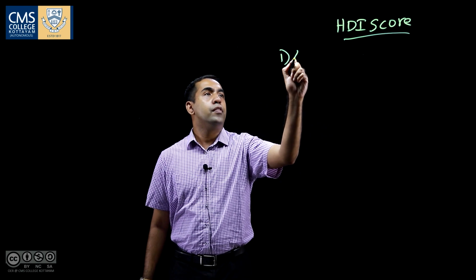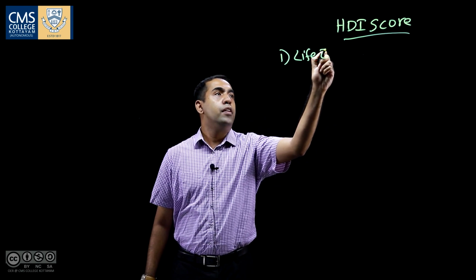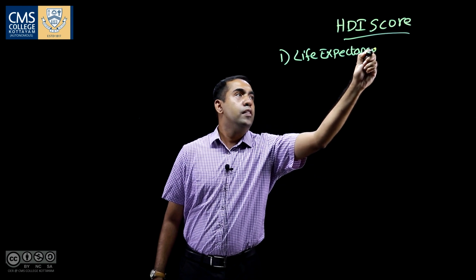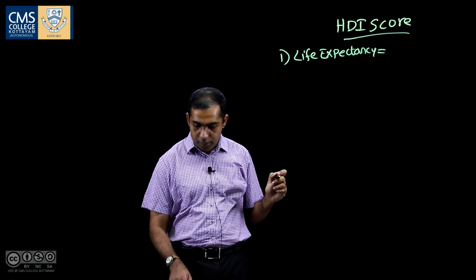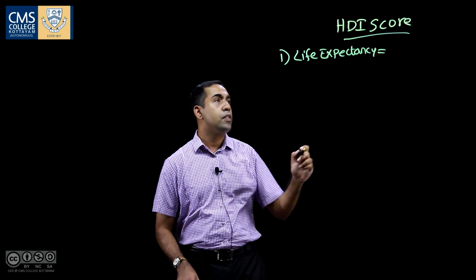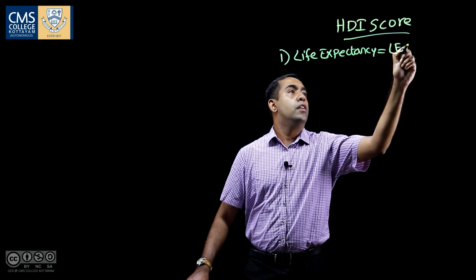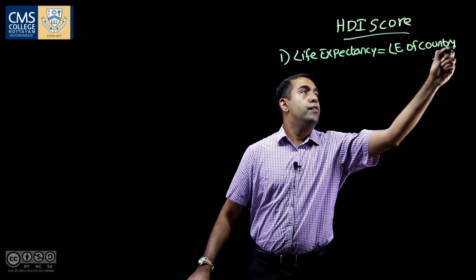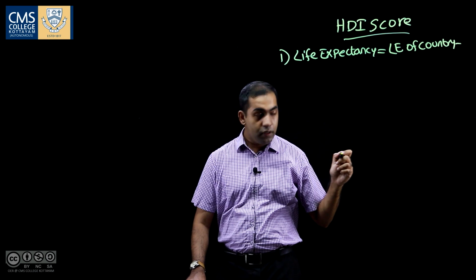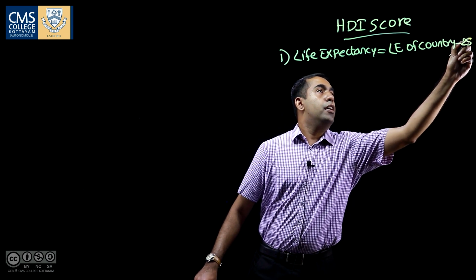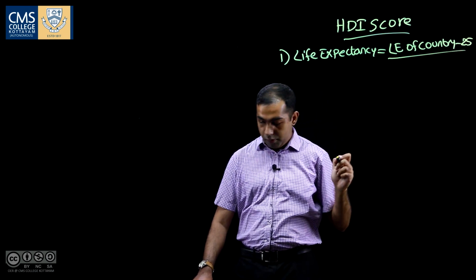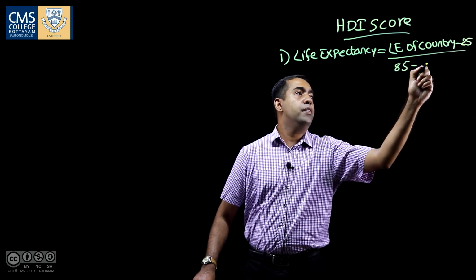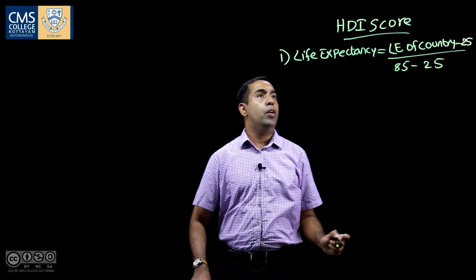First one, life expectancy index equal to life expectancy of the country minus 25 divided by maximum value minus the minimum value.